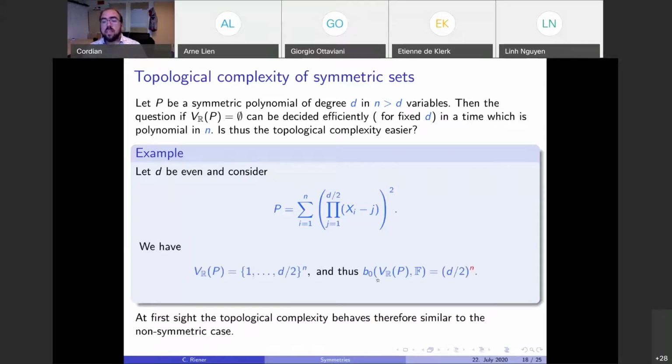Well, there are (d/2)^n many such points. They are all isolated points, so this is essentially the number of connected components of this variety. So this is an exponential growth. So at first sight, it seems that this topological complexity that I defined to you behaves as badly as it did in the non-symmetric case.